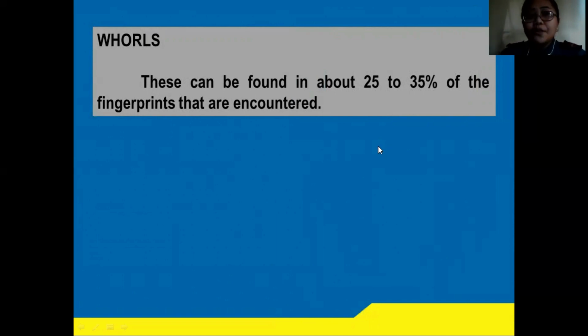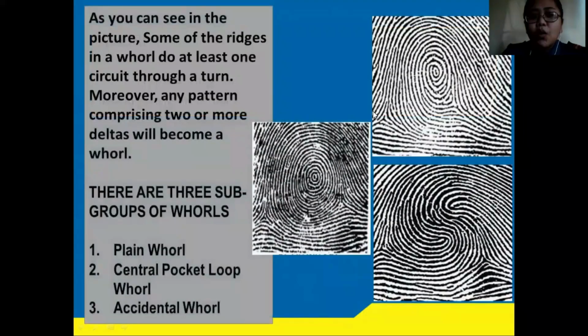So kung ang loops is mostly girls ang may-ara pattern nga amo na, whirls is mostly lalaki, men ang may-ara amo na nga patterns. So ano yan tsura ko whirls? Okay, as you can see in the picture, some of the ridges in a whirl do at least one circuit through a turn.